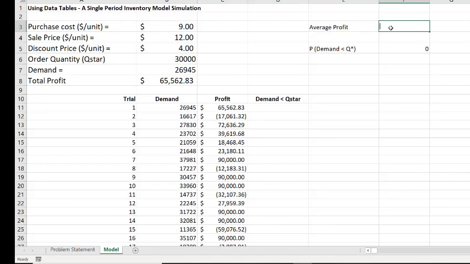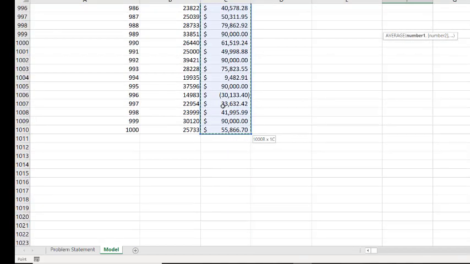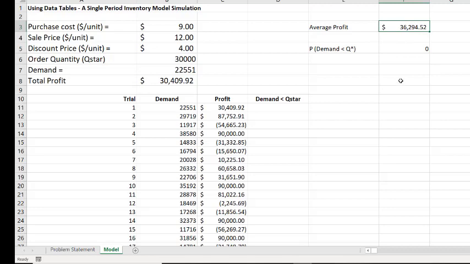So this cell is going to be equal to the average of this cell all the way down to the end. So our average profit is going to be 36,295.